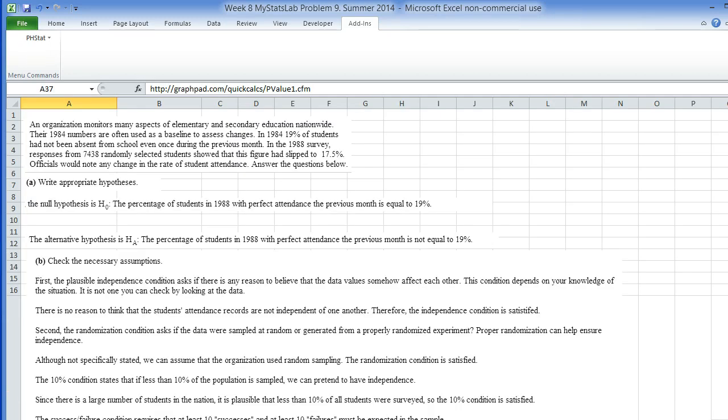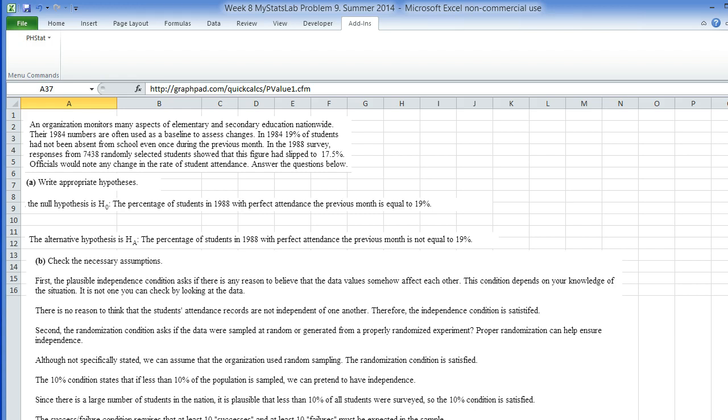The question reads, an organization monitors many aspects of elementary and secondary education nationwide. Their 1984 numbers are often used as a baseline to assess changes. In 1984, 19% of students had not been absent from school even once during the previous month.